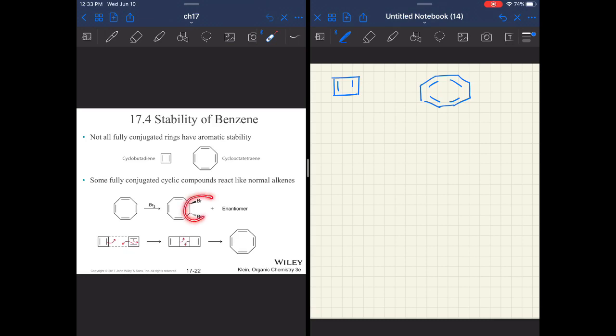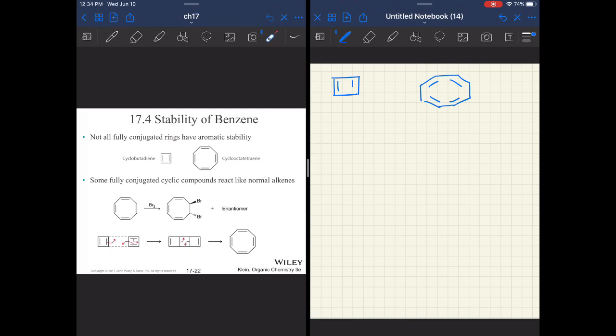In fact, it reacts just as if those double bonds were isolated. Cyclobutadiene is so reactive that it will react with itself before you could even add bromine. And so what you're seeing is very unstable. This is stable, but it doesn't have increased aromatic stability.